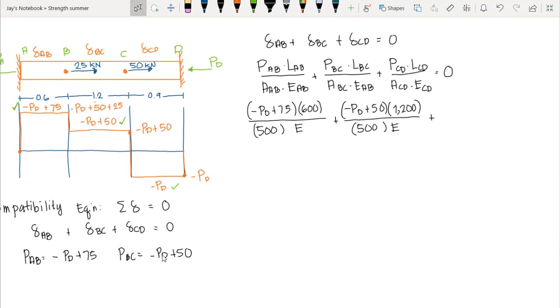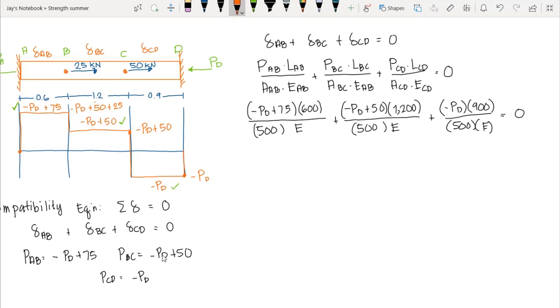Our PCD is equal to the internal force in segment CD, which is negative PD. So plus negative PD times the length of the CD section, that is 0.9 meter, that is 900, over 500 square millimeter, that's the area, times E, equals 0.